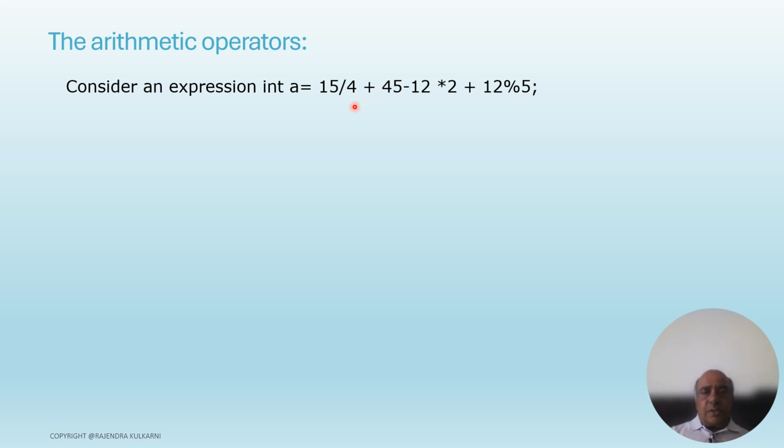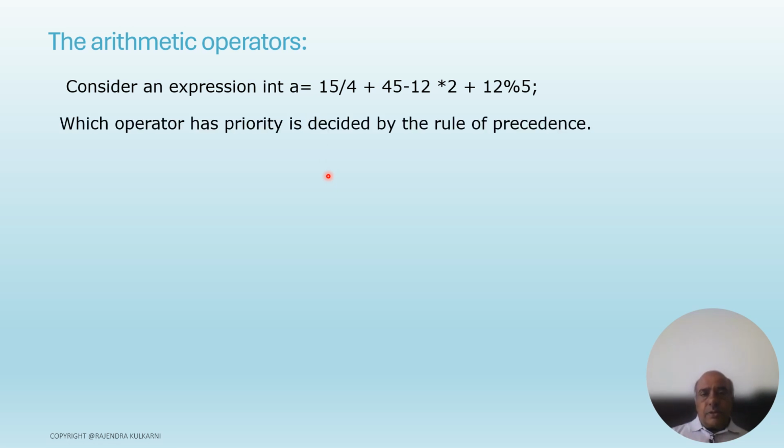In this expression, the value of A will depend upon the way this expression is evaluated. There are 1, 2, 3, 4, 5 operators in this expression. Which operator should execute first? Its priority is decided by a rule of precedence.